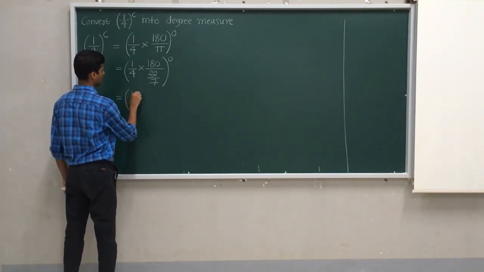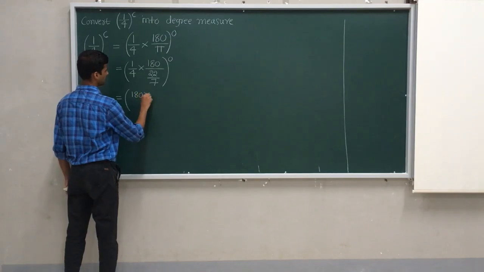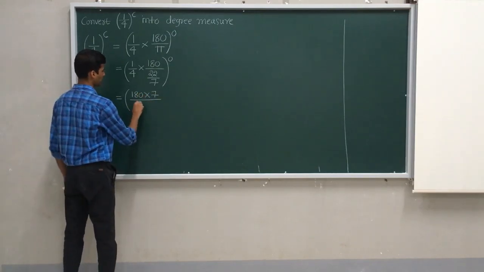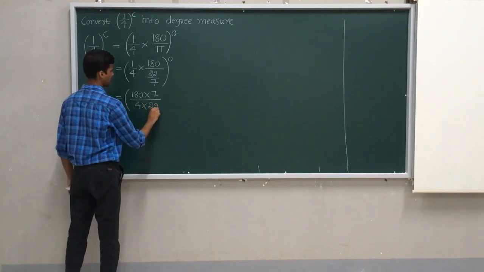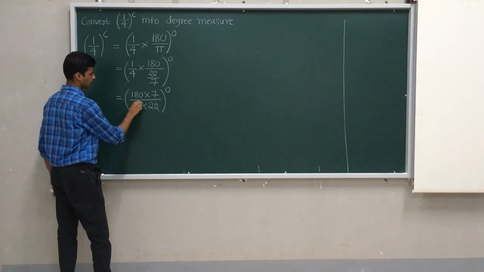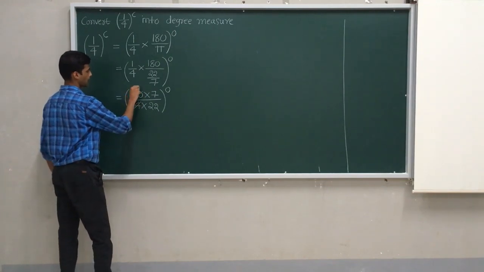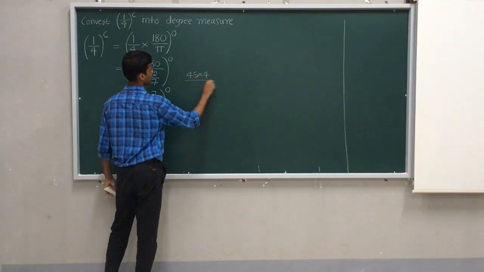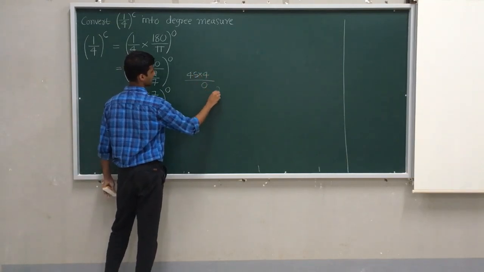It is 180 into 7 upon 4 into 22 degree. We all know 4 ones are 4, 45. Just to check, 45 into 4: 4 fives are 20, 4 fours are 16 plus 2, 18.